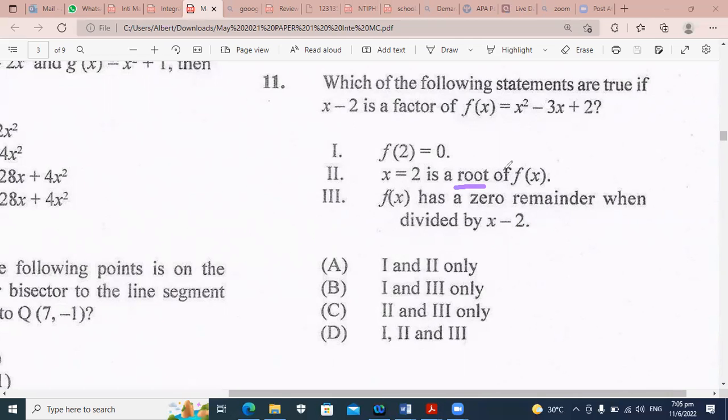Let's find out. In fact, if I put 2 into this, I do get 0. So you're correct, you don't have to work it out. All of them are true. Remember, we put 2 in and we got 0, so it is a root.